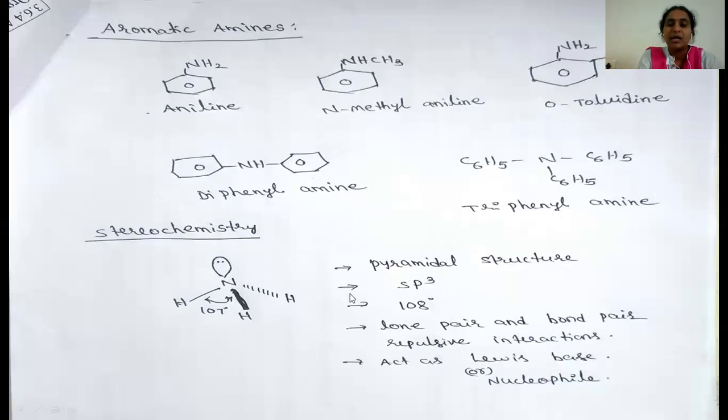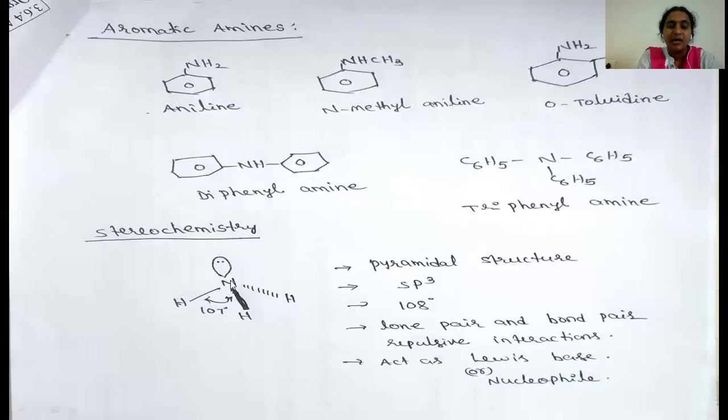The bond angle should be 109 degrees, but because of the repulsions between the lone pair of electrons as well as the bonding pairs of electrons, instead of the tetrahedral geometry it possesses a pyramidal structure, and the bond angle is reduced to 107 degrees.